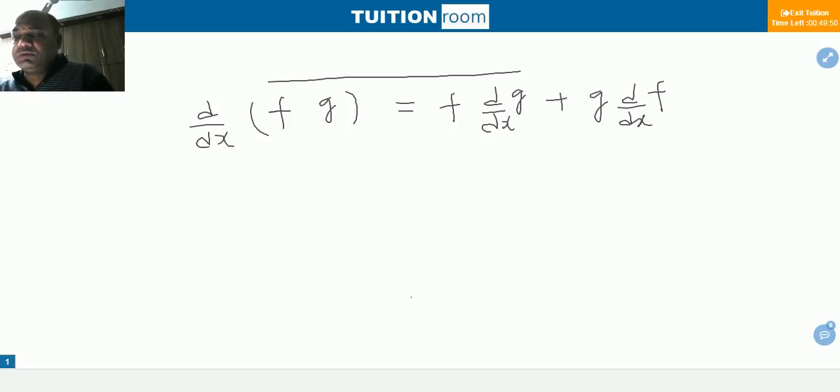This is the formula which I will use today. Again, I am going to remind you that it's a very important formula, known as the product rule formula.